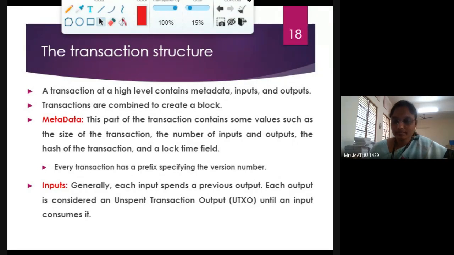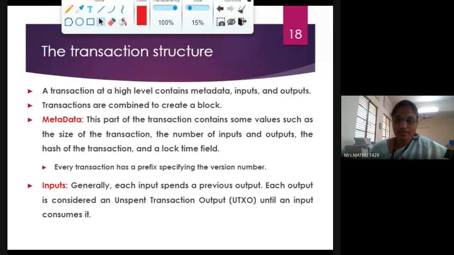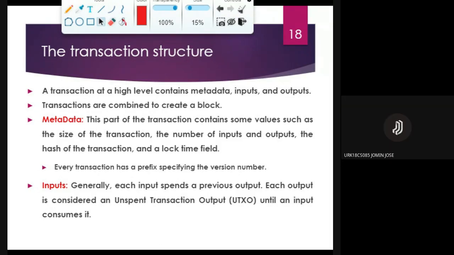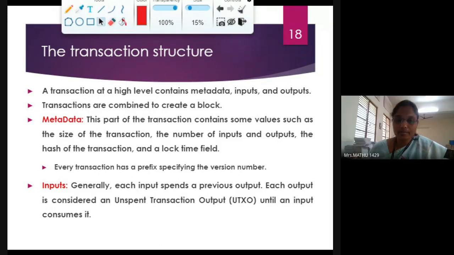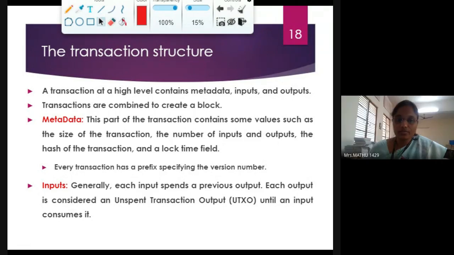Pragna, present, ma'am. Neela Sumant, present, ma'am. Jomin Jose, present, ma'am. Manoj Preetham, present, ma'am.